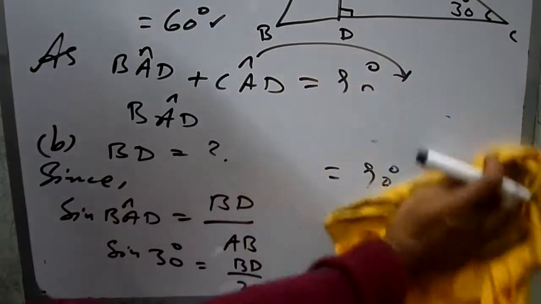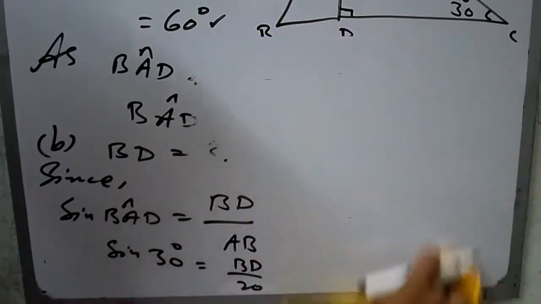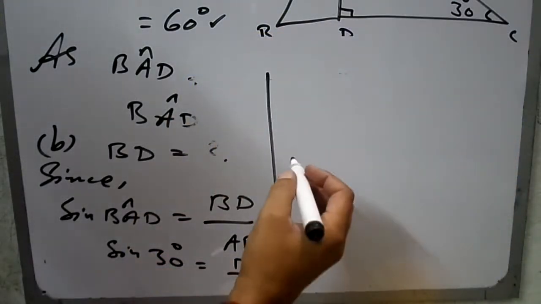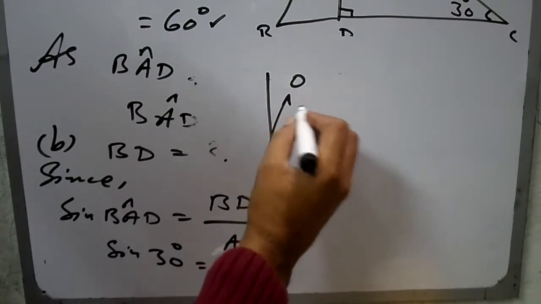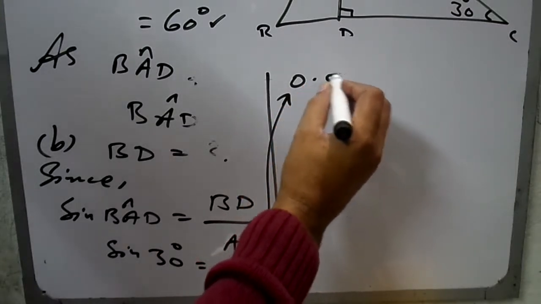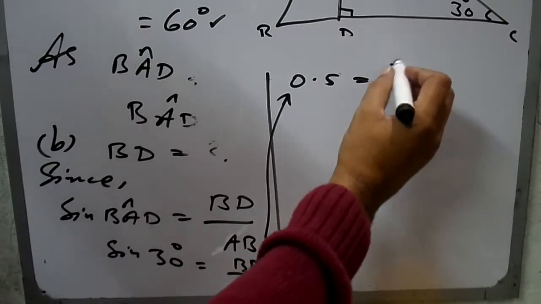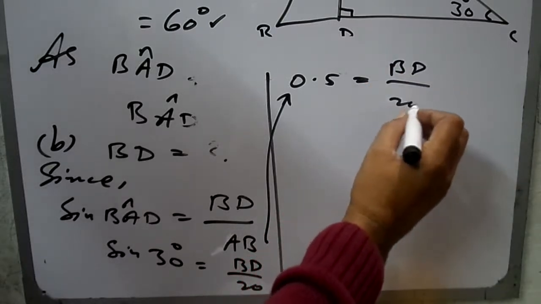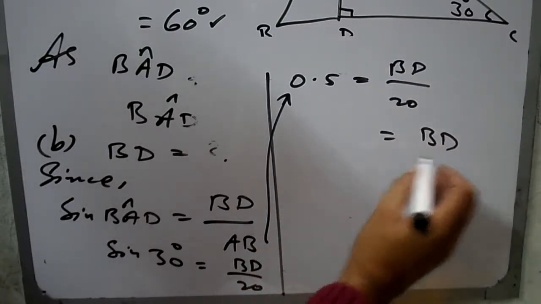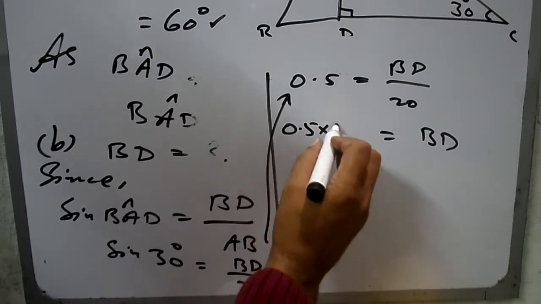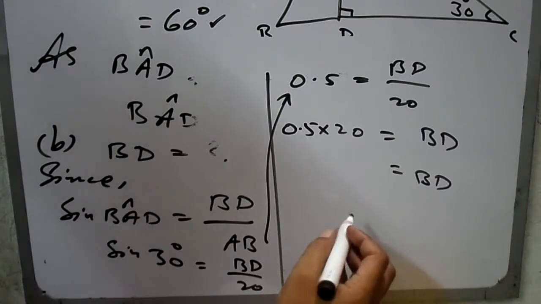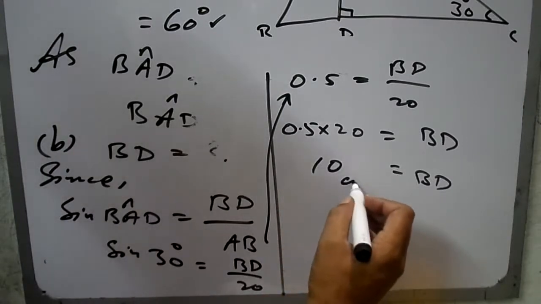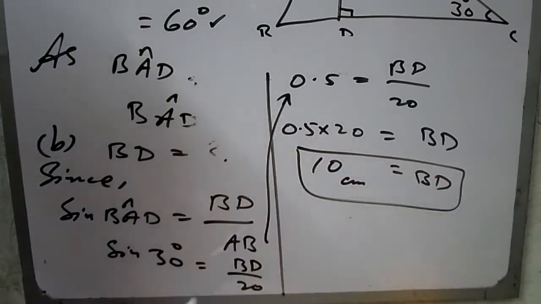Sine 30 is 0.5, which is equal to BD divided by 20. So you need the value of BD, so 0.5 multiplied by 20, so you will get 10 centimeter. So you have calculated the value of BD.